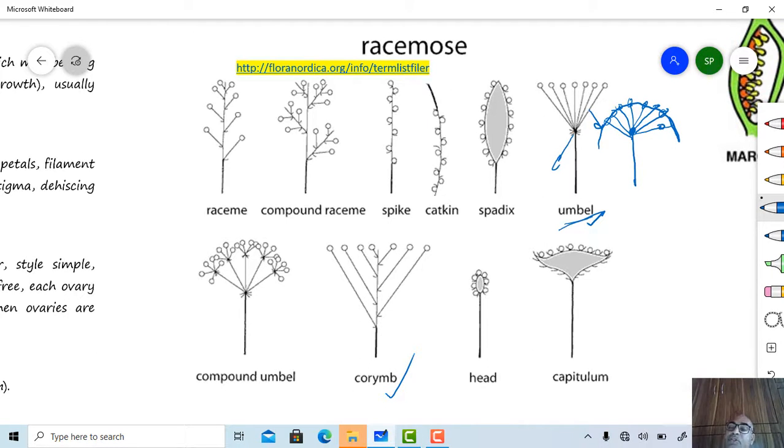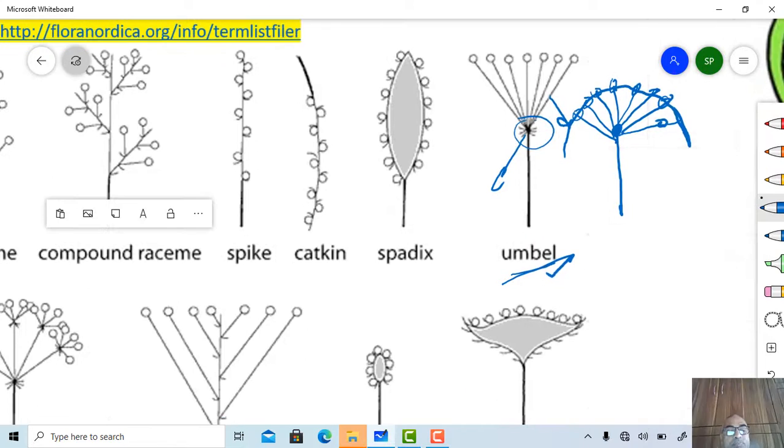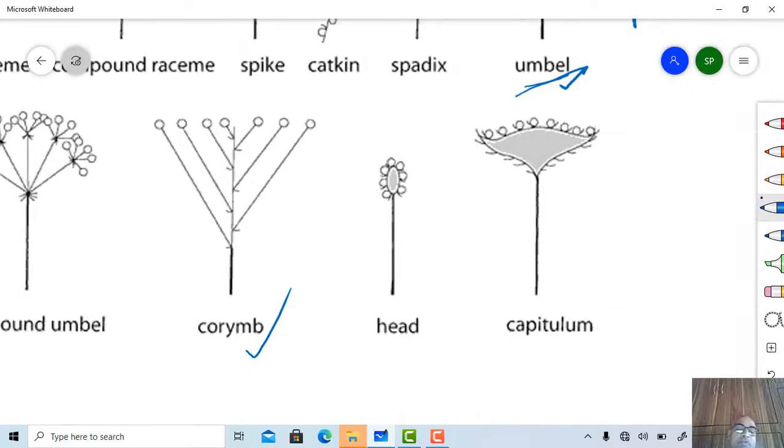In umbel type of inflorescence, involucral bracts are usually present. And this one is a figure showing the corymb type of inflorescence: first flower, second, then third, fourth, fifth, sixth, seventh. So it is particularly a racemose type of inflorescence.